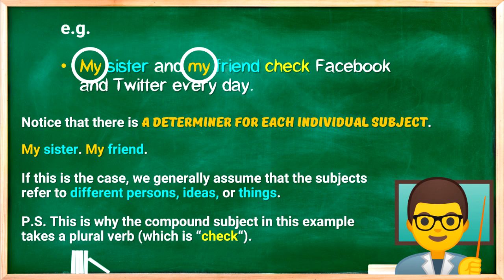Notice that there is a determiner for each individual subject. My sister, my friend. If this is the case, we generally assume that the subjects refer to different people, ideas, or things.